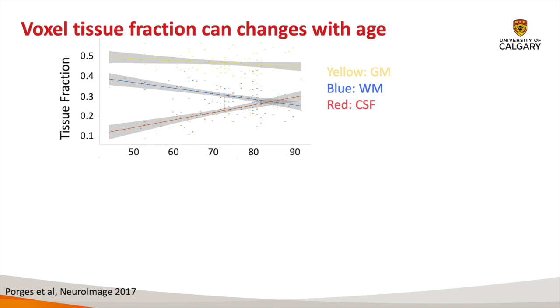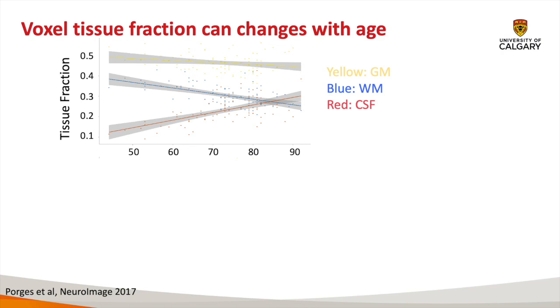The first thing that we see is that in the voxel that we acquired, with age, we see a significant variance in our tissue fraction. The fraction of CSF in that voxel increases with age, while the fraction of tissue decreases. And the tissue decrease is most predominant in white matter, although it does exist in gray matter as well.